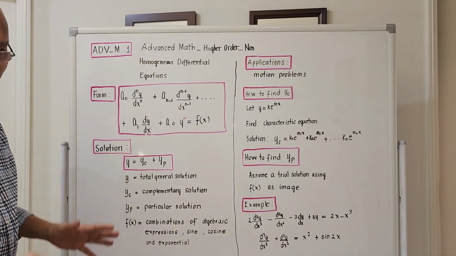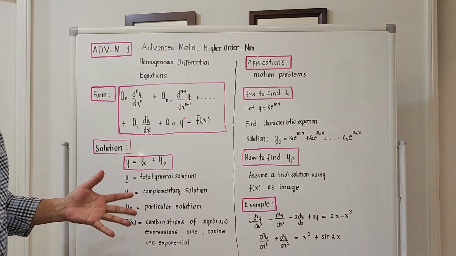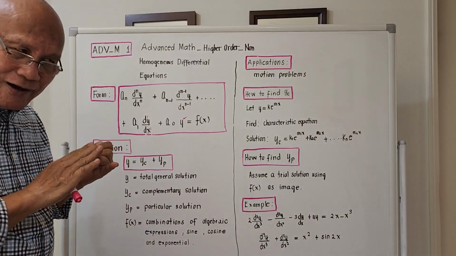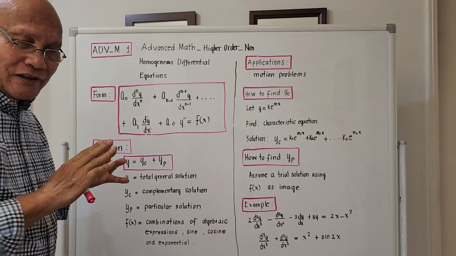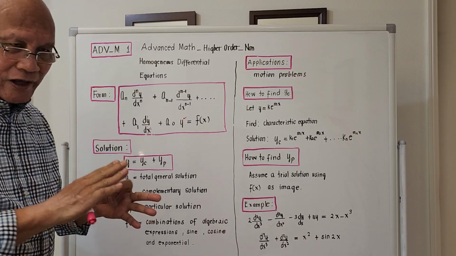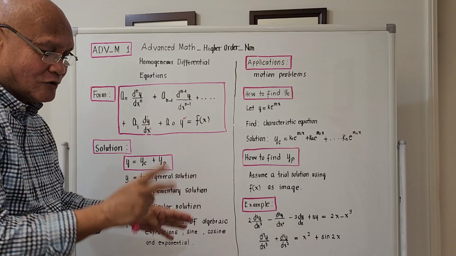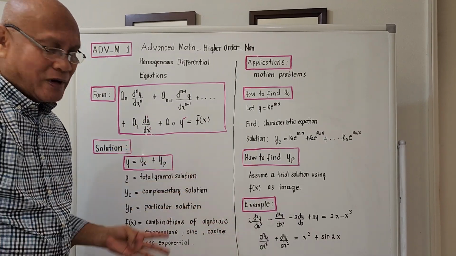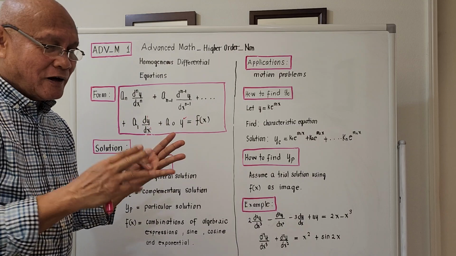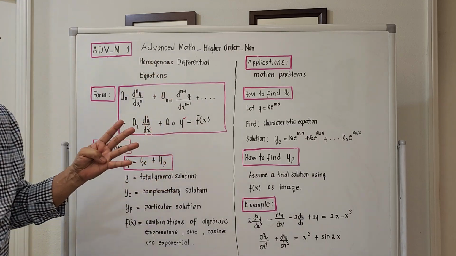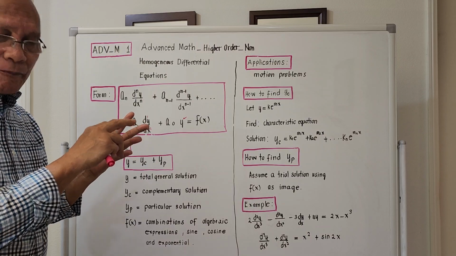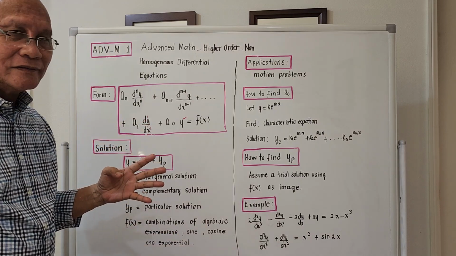So actually the right-hand side, we place it in our mind that it's possible that it will come out to be an algebraic, a sine function, a cosine function, or exponential function, or any combination of any two. It could be 3 or it could be 4. But if it is 4, that's a complicated problem already, right? If it is 2, a little bit complicated. If it is 1, that's easy money.